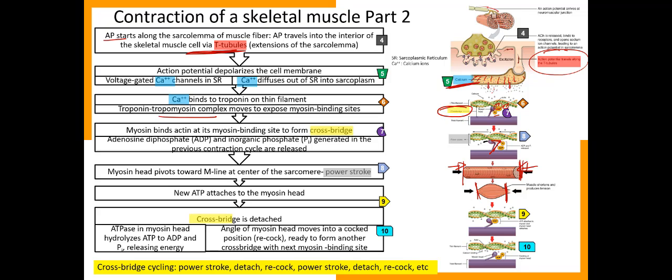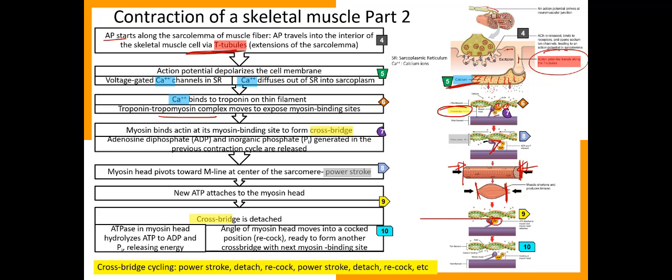And then at some point, a new molecule of ATP attaches to the myosin head. Once the ATP is attached to the myosin head, the cross bridge is detached. The myosin head no longer can be attached to the myosin binding site.